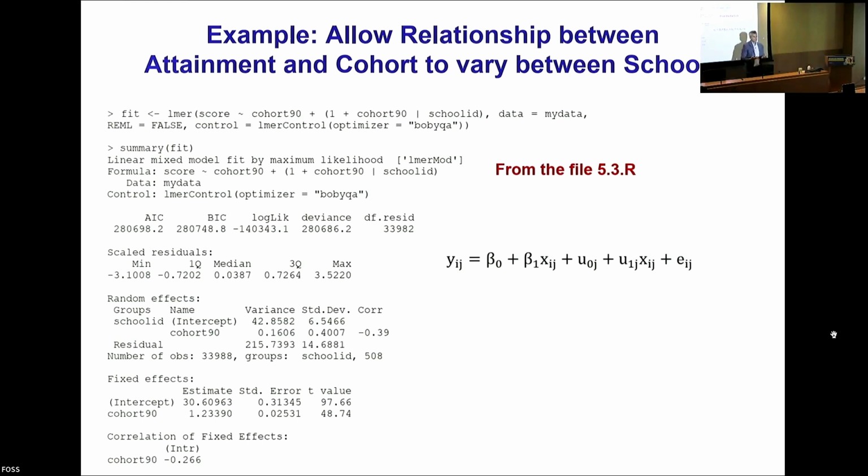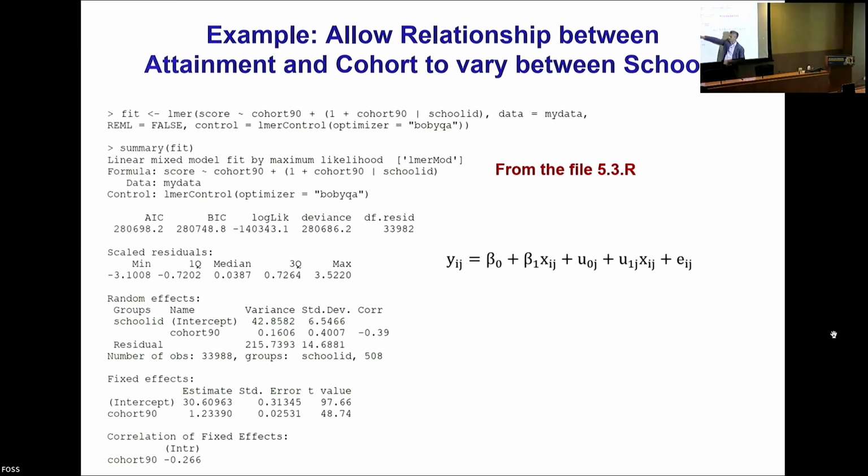So we're adding in a group level residual for cohort 90. And then at level 2, we still have the school level residuals. This is telling R that we want to fit a random slope for cohort 90.